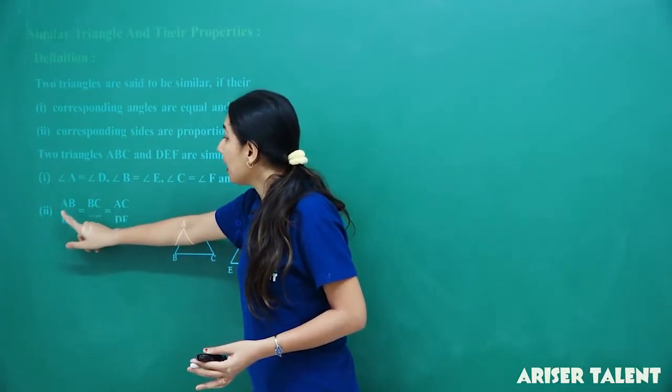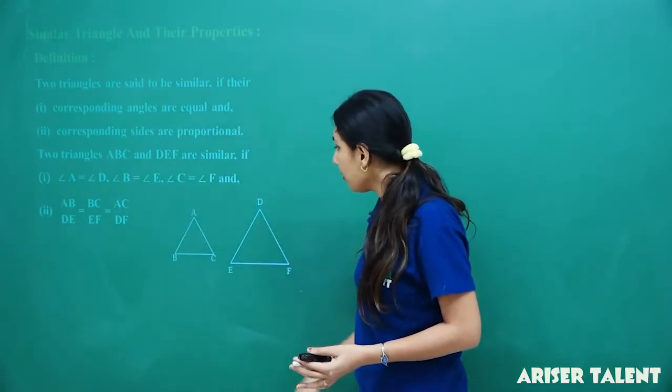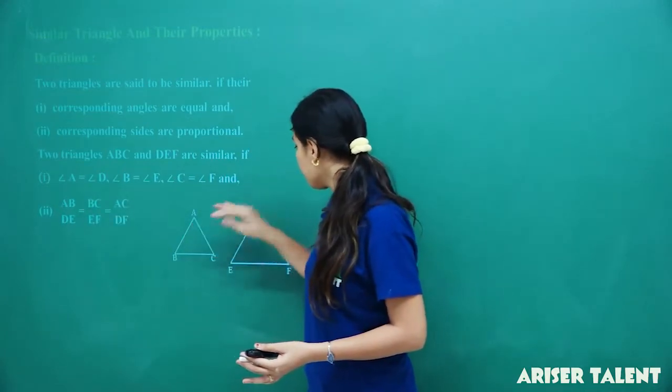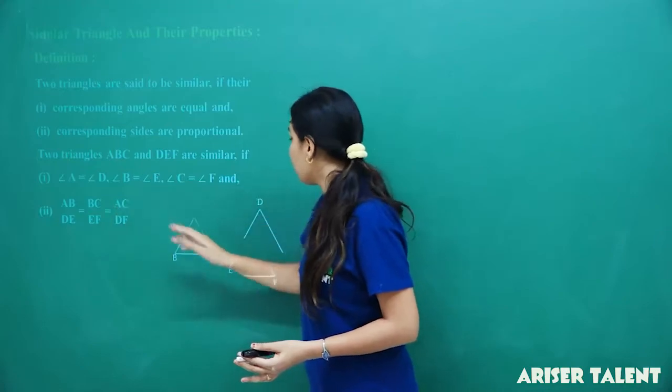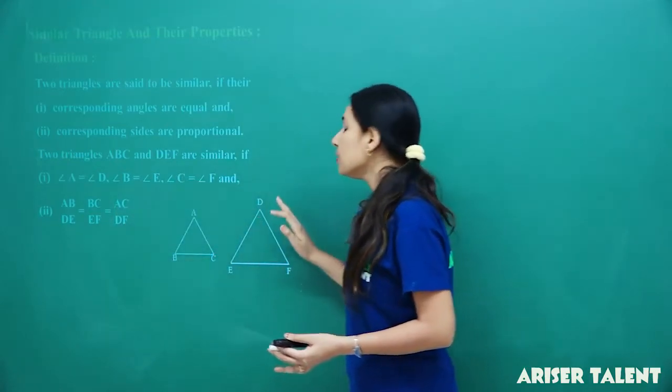And AB by DE, then BC by EF, will be equal to AC by DF.